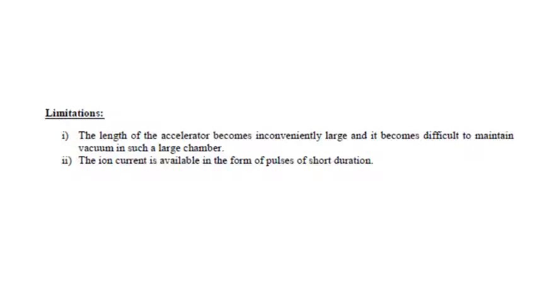If you continuously increase the length, it becomes large, and it becomes difficult to maintain vacuum in such a large chamber. The ion current is available in the form of pulses. This is another thing.